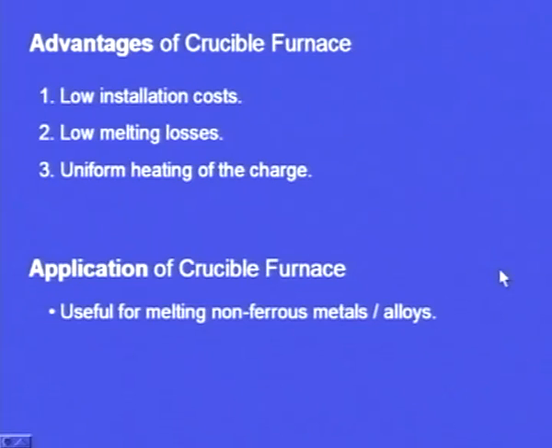Advantages of crucible furnace. First advantage is low installation cost. After all, only a crucible, we are not using any machines, and low melting losses. So, here we are coming across one melting loss. What is this?